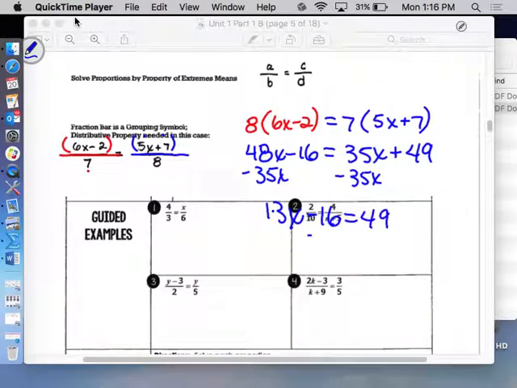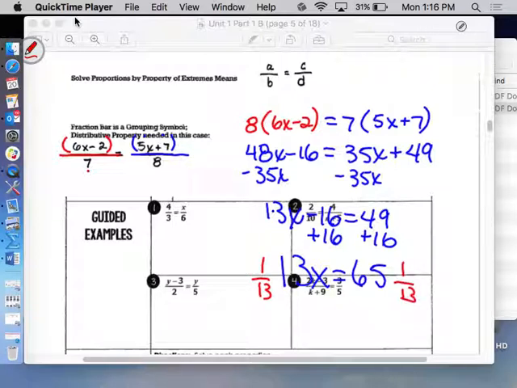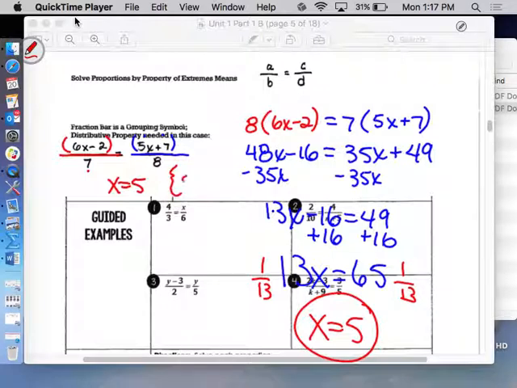Now I'm going to add 16 to both sides, and I end up with 13x equal to 65. Now I multiply both sides by 1 over 13 to isolate the x, and I end up with x equaling 5. That is the solution to this equation. X equals 5 is the solution set, but you would need to show this amount of work.